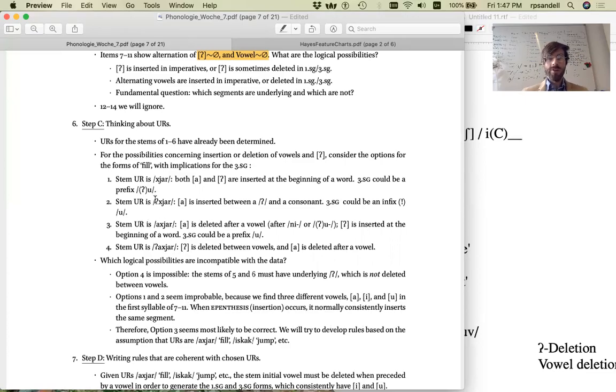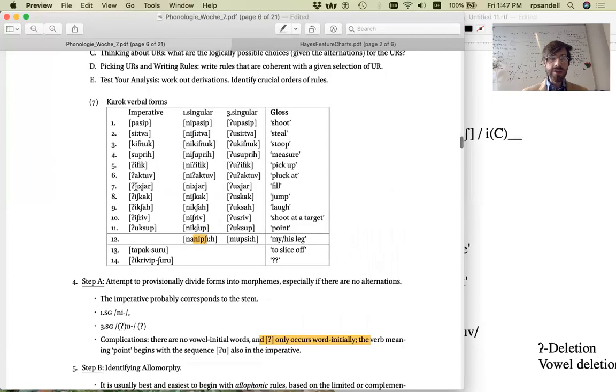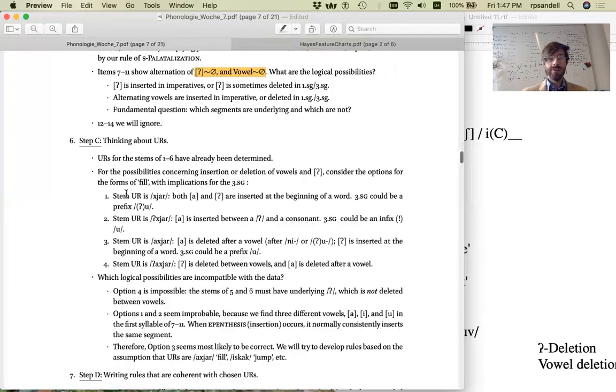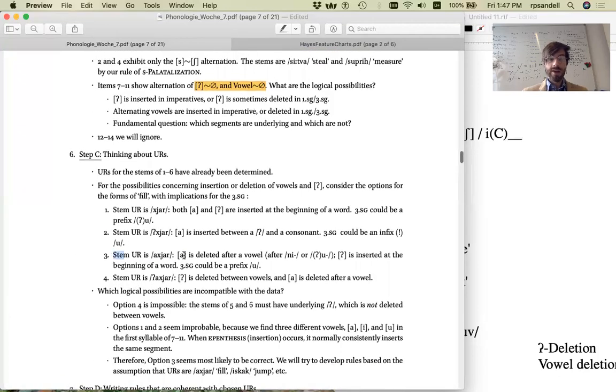So if the vowel in all of these stems were not underlying, we would expect to see the same vowel here in the first syllable of these words. But we see 3 different vowels, a, i, and u. So that's a good indication that the vowel probably is underlying. So this leads us to option 3, hypothesis 3, as the best option.